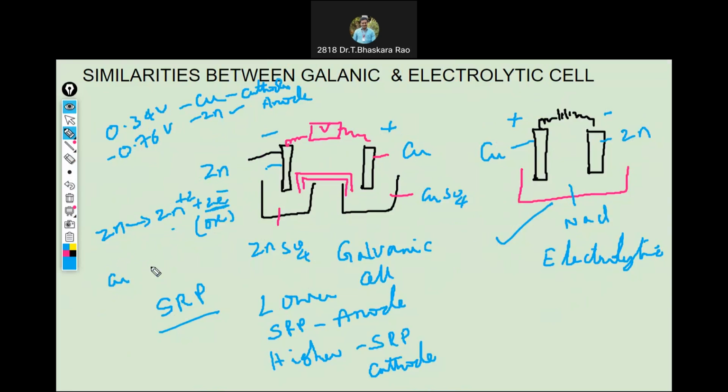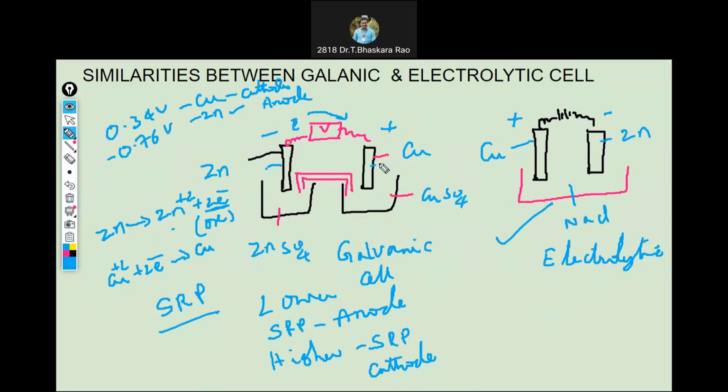And here I am selecting copper. The electrolyte copper plus 2 gains the electrons and converts into copper metal. What happens in the galvanic cell generally? Zinc is losing electrons, and the electrons go through the wire and reach the copper.